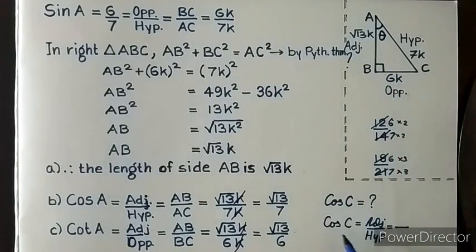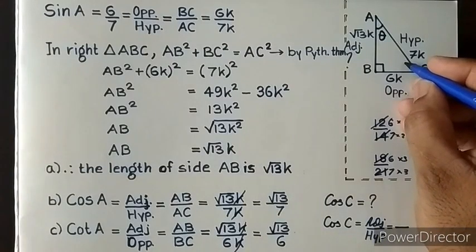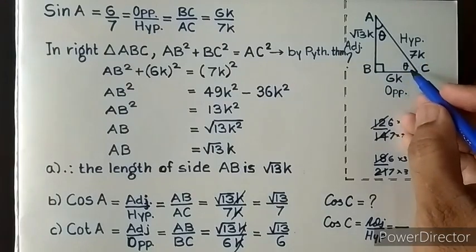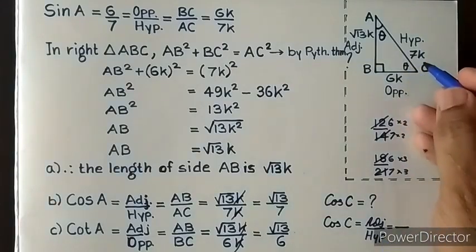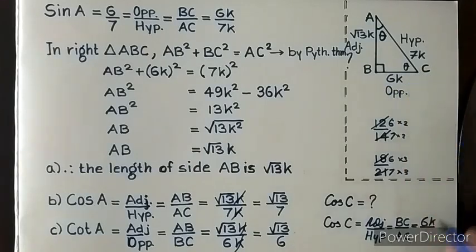So your cos C is adjacent upon hypotenuse. So with respect to C, C is here, that means your theta is here now. So with respect to theta, adjacent side is this, that is BC, and your hypotenuse is AC, which will give you BC is 6k and AC is 7k.